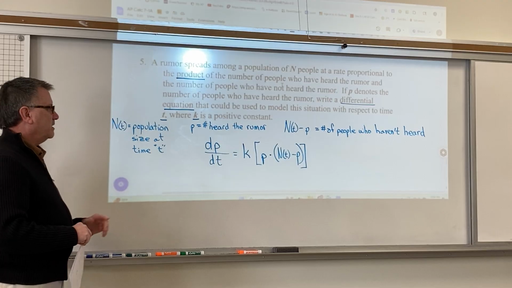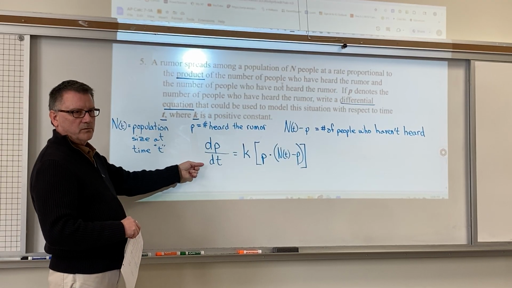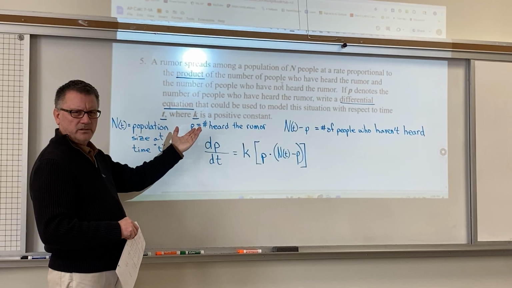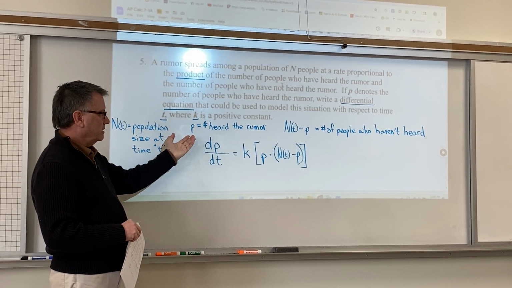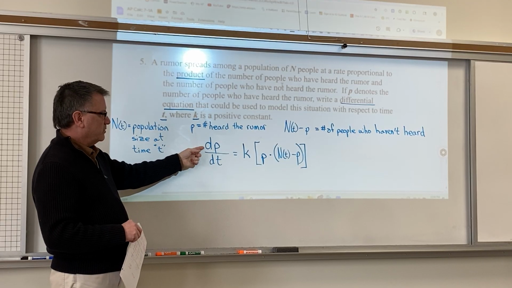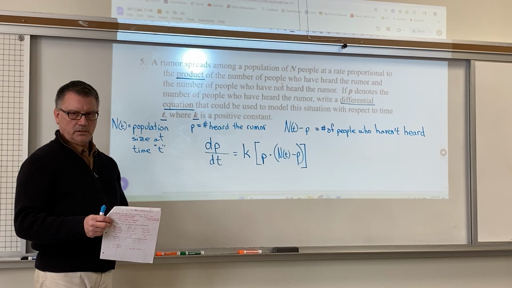But be careful. They didn't say it was changing with the number of people. Whereas the last one, hey, the population of the bacteria was changing. Okay, that was B of T. This is the number of people who've heard the rumor is changing. Is that okay?